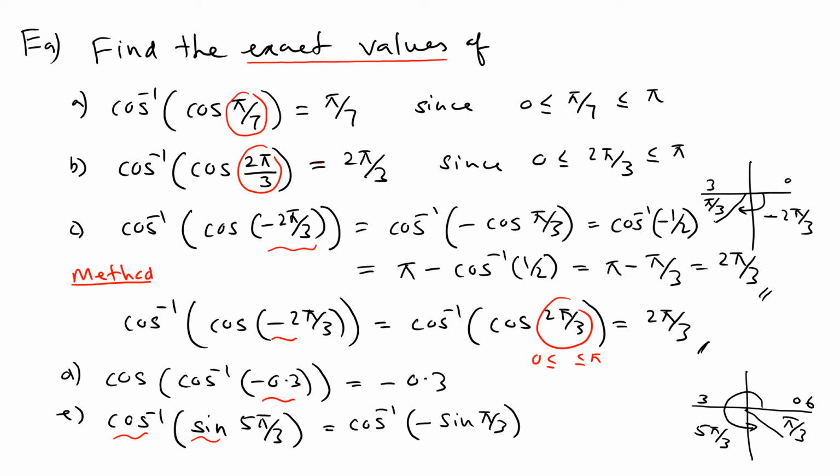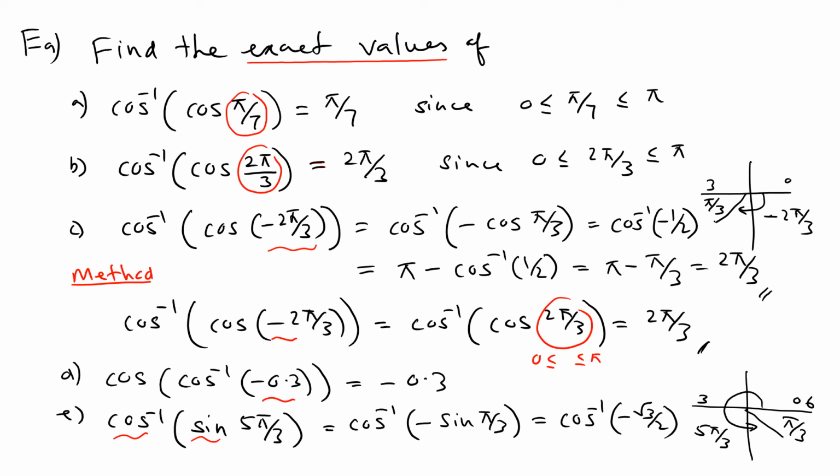Sine pi over 3 is square root 3 over 2. So that means this is cosine inverse negative square root 3 over 2.